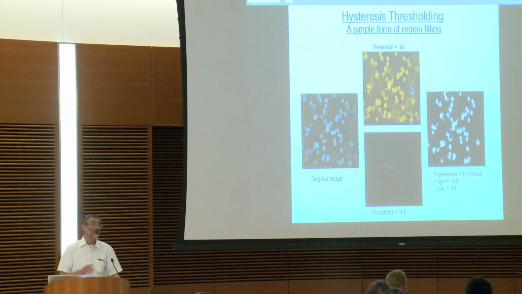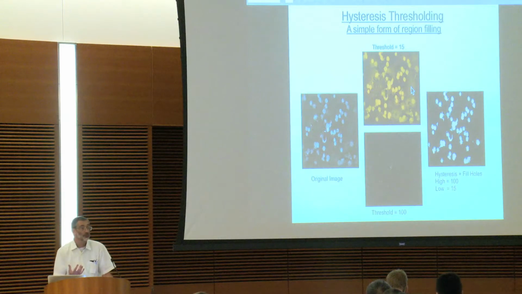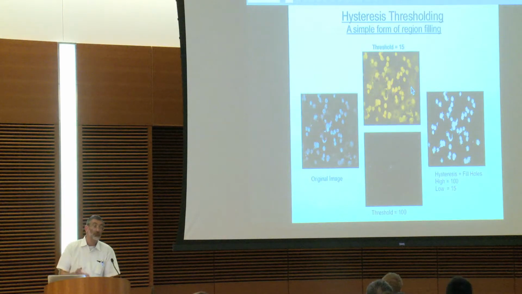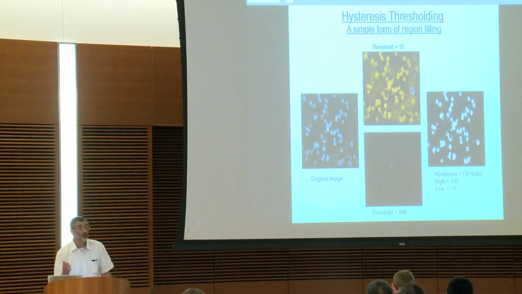So I'm going to say I'm only going to take objects which contain pixels which are strong. And I can, of course, set the two thresholds. So let's say I set my two thresholds at 100 and at 30. My threshold is 30, but only if the object that's found contains at least some pixels that are 100, that are strong.